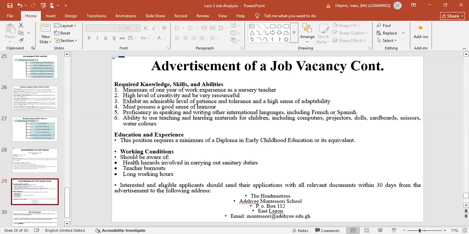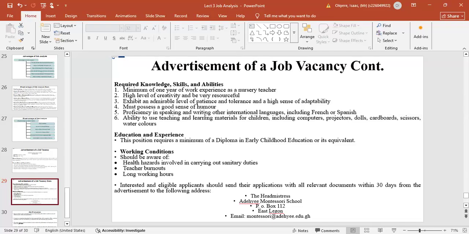Then we come to education and expertise. Remember, the education forms part of the job specifications. So right now, the education includes a minimum of a diploma in early childhood. That we then state. Now, we state the work conditions.